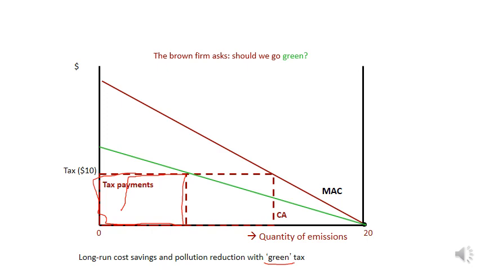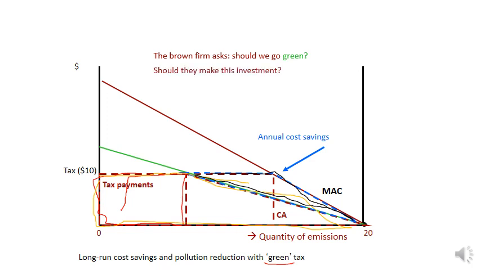The question is, what is the difference in abatement cost? Specifically, is the new sum of smaller taxes and new abatement, which I'll draw here in orange, less than what they were paying in old abatement cost and taxes?